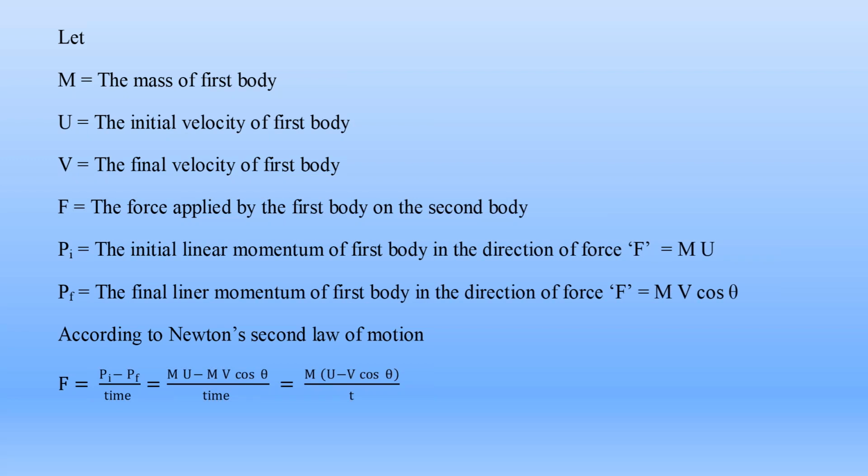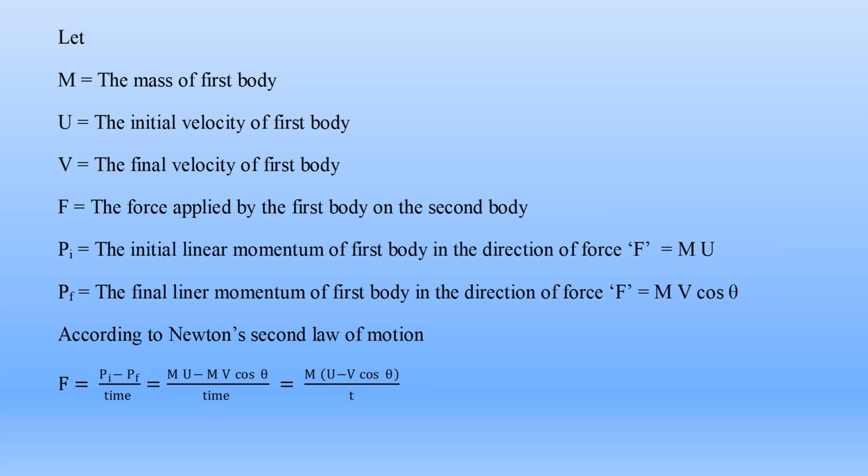The horizontal component of final velocity is v cos theta. So when the force is horizontal, we consider the initial velocity in the horizontal direction and the final velocity also in the horizontal direction. Then only you can apply Newton's second law.